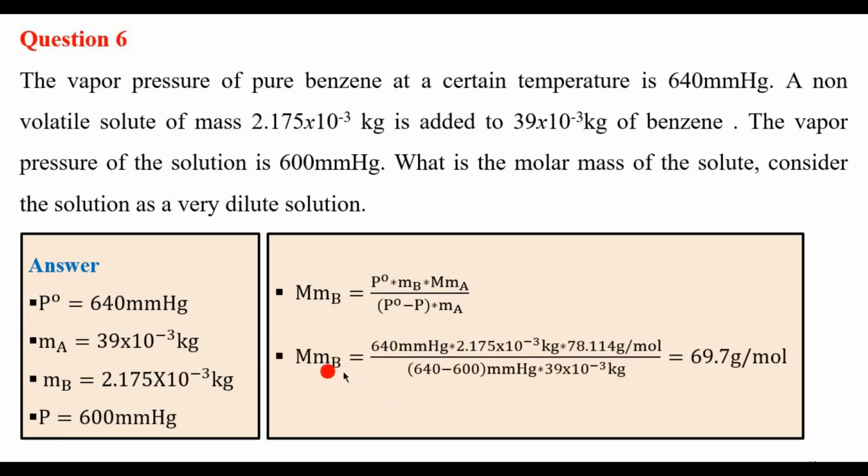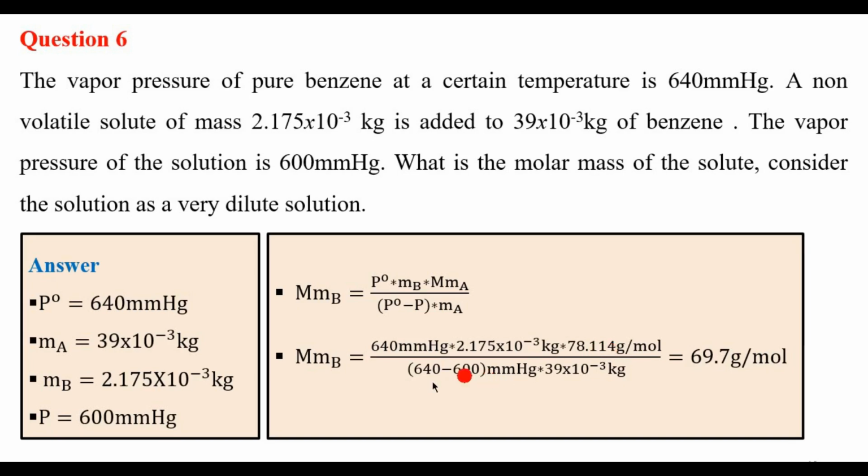We have the molar mass of the solid, which is equal to this one times this one. This is the P naught, the vapor pressure of the pure solvent. This is the MB, which is the mass of the solid. The mass of the solid was given as 2.175 times 10 power negative 3 kilogram. This is the molar mass of the solvent. The solvent is pure benzene, and this is the molar mass of pure benzene.